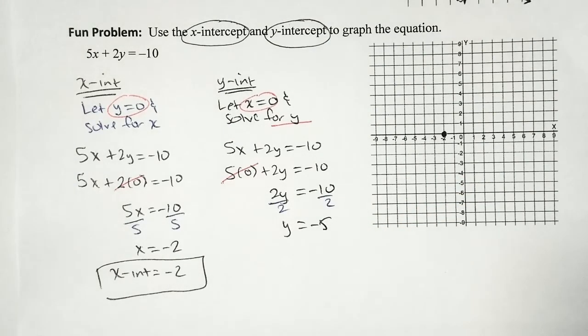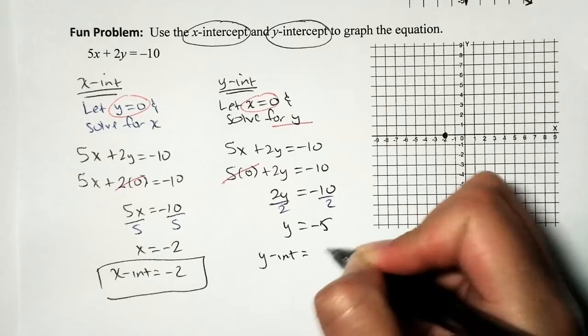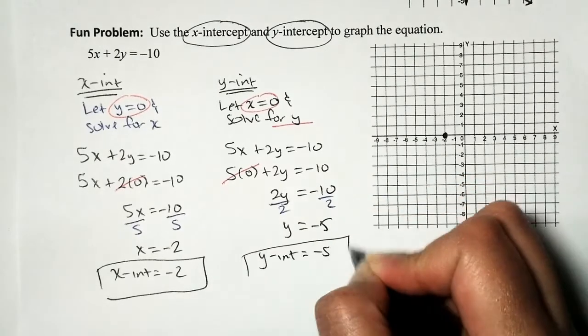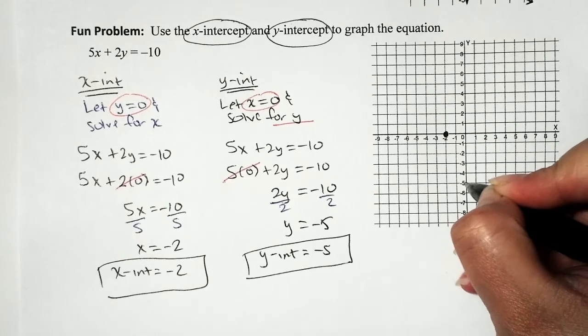But again, if you show me this at random, y equals -5 doesn't translate to the y-intercept equals -5. That just means some y equals -5. But once you label it, the y-intercept is at -5. So the graph should intercept the y-axis at -5. Let's locate that.